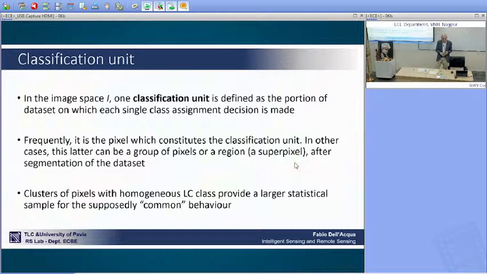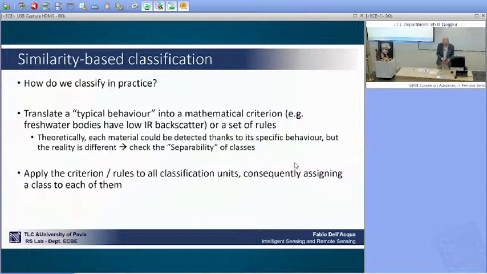And now there comes another important point here. How do we classify in practice? Because I have mentioned that a number of times during the course, but I never put it in this framework. How do you classify? Well, we have seen that each type of material has its own specific spectral response, right?